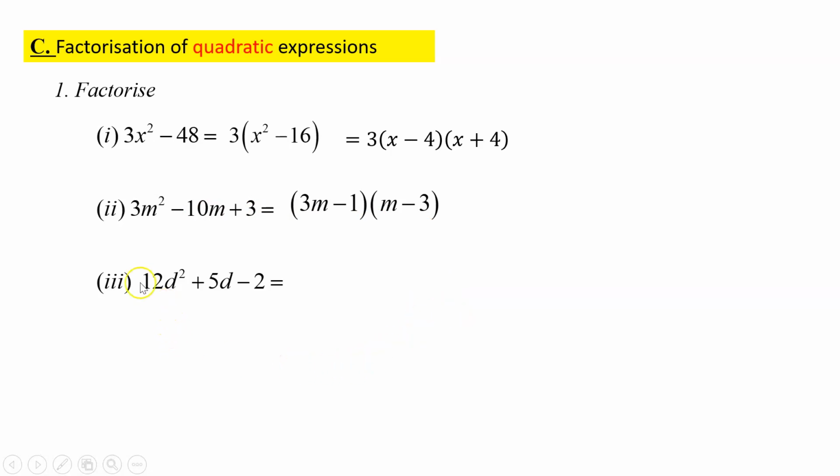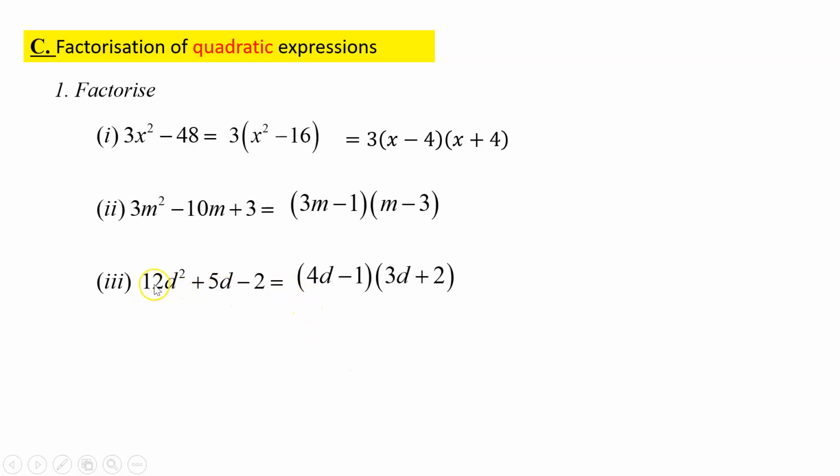Now this one, the last term is a 2 and a 1, and it's going to be a minus and a plus. Don't know which is which. Then for 12, you can have either 12 and 1, 2 and 6, or 3 and 4 to make 12. So you need to manipulate around and see what you get.